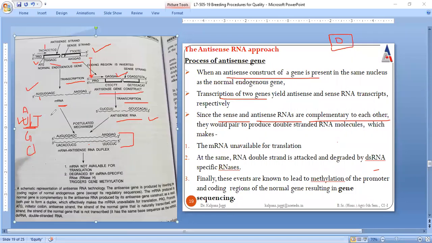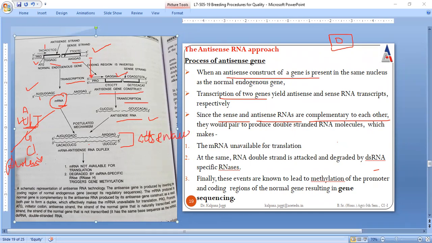Also, because the mRNA and antisense RNA have complementary sequences, they convert into a double stranded form, so this is no more available for the synthesis of proteins. But since here there are two strands of RNA, it can be attacked and broken down by the double strand specific enzyme, that is RNase. The enzyme that acts upon the two strands of RNA is said to be RNase.